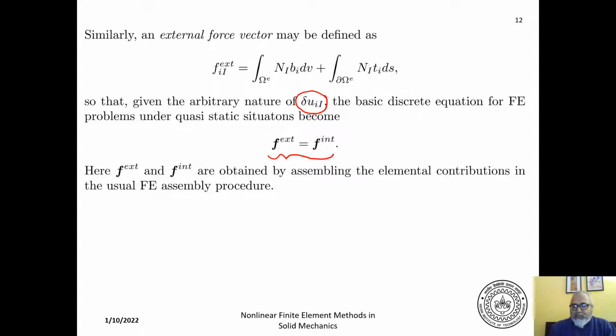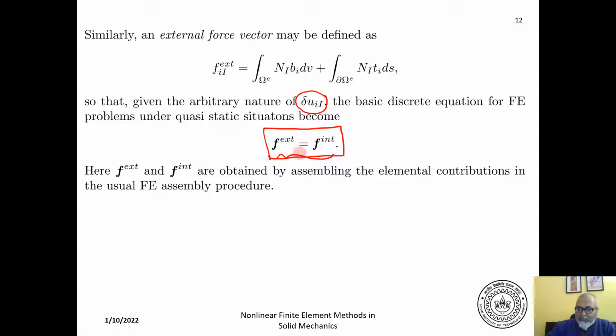The assembly procedures are exactly the same in nonlinear finite elements also, but this is a more basic equation, though it seems obvious, that will help us formulate the finite element equations in case of nonlinear problems.